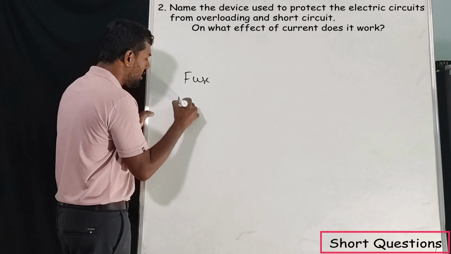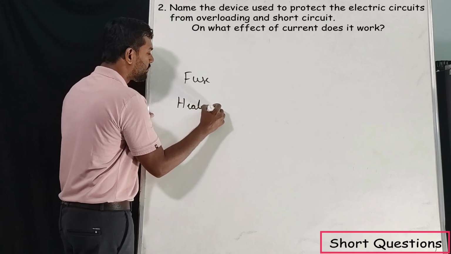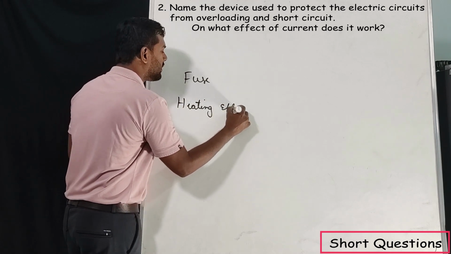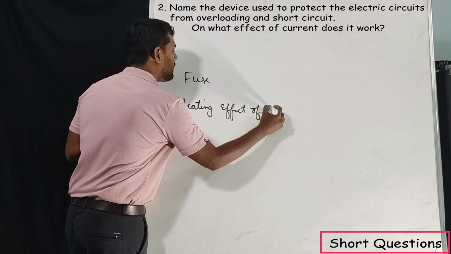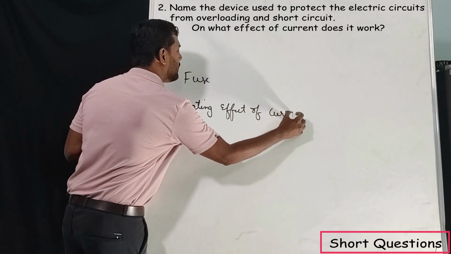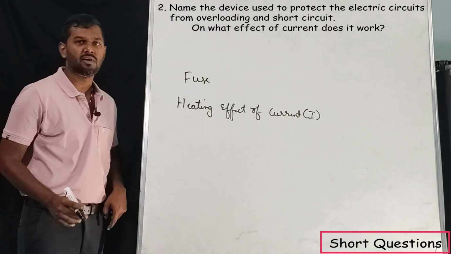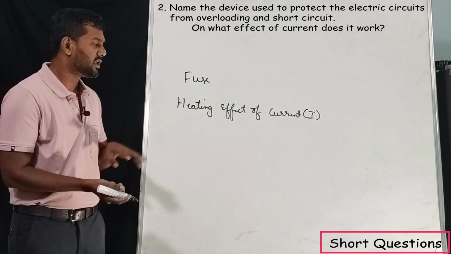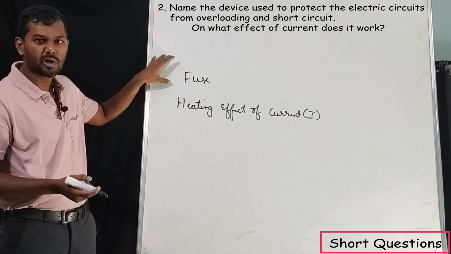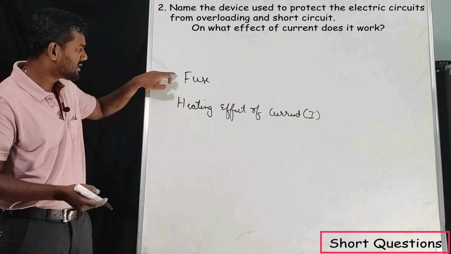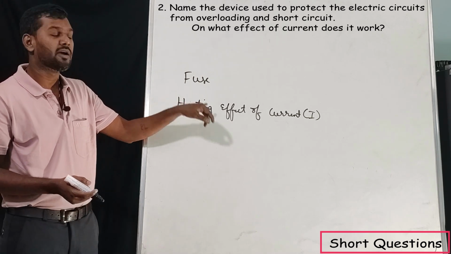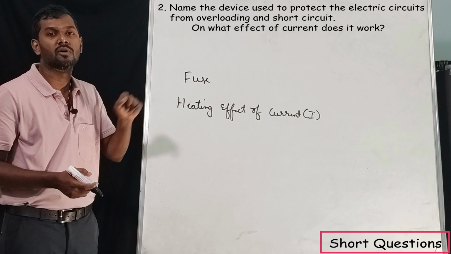It is working on the heating effect of current. See, what is the symbol for current? I. This is what we have learnt in the electricity chapter. This works based on the heating effect of current. This is the principle of fuse.